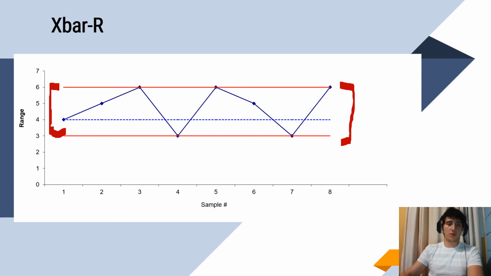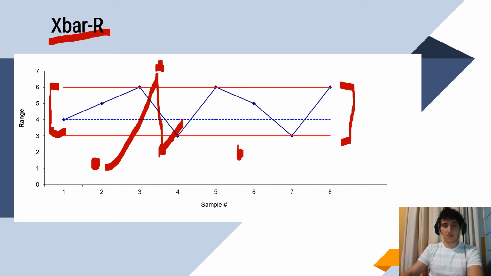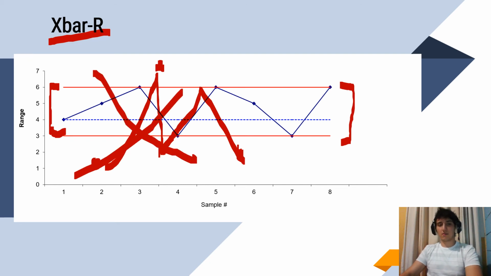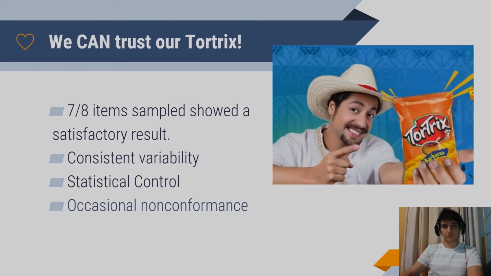But if in the X-bar R graph we had points scattered all over the place, that would make the experiment not valid. It would mean that the numbers on the X-bar graph that we saw before don't matter. They are not valid for the experiment.